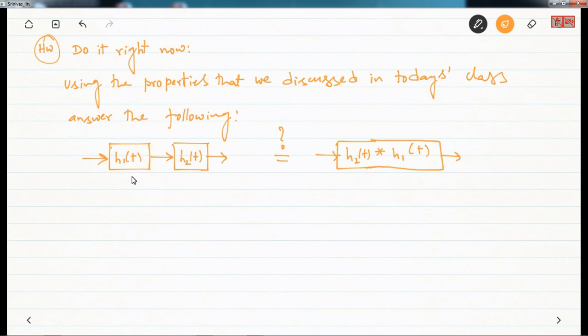So I'm trying to claim that h1 of t followed by h2 of t is equivalent to a single system having its impulse response h2 of t convolved with h1 of t. So can I write this equality sign here or not? And you have to justify this.